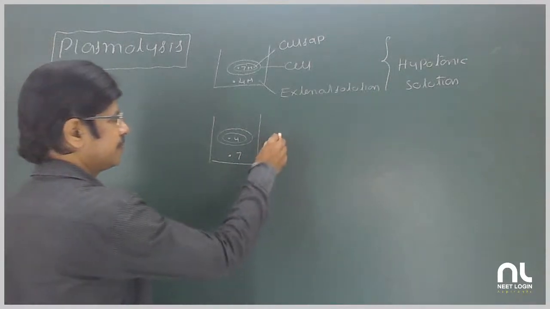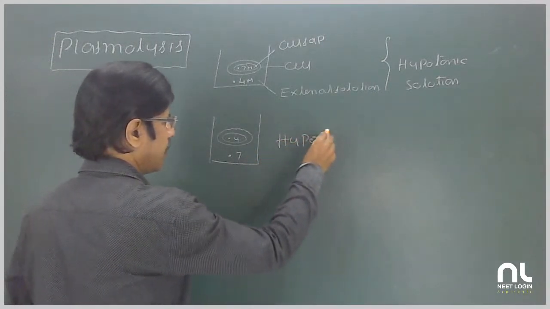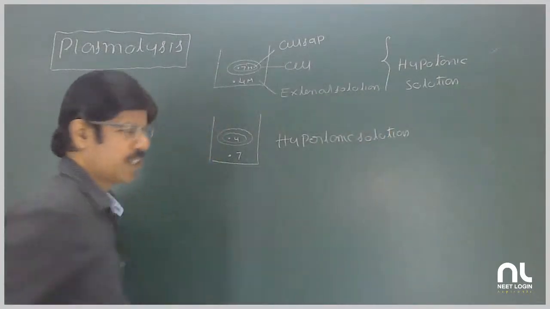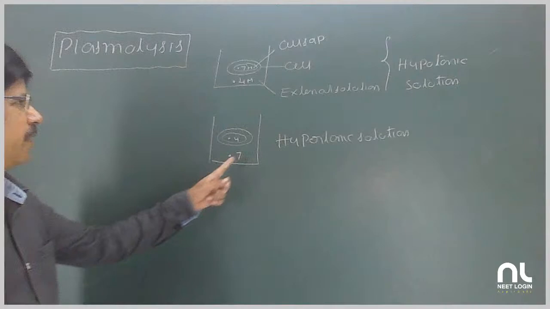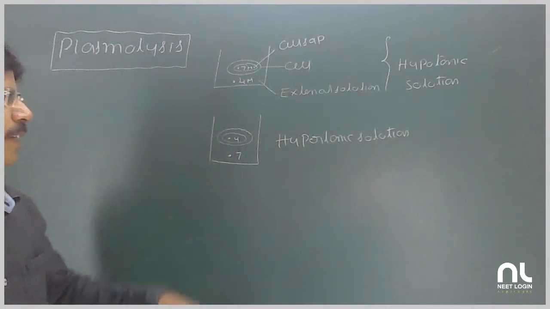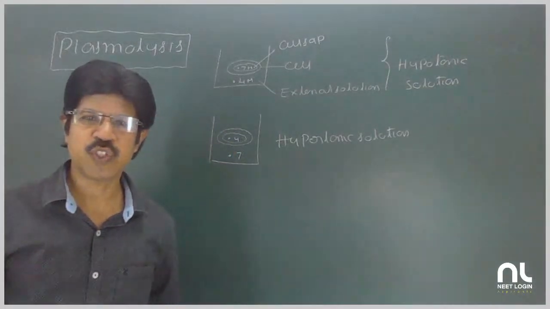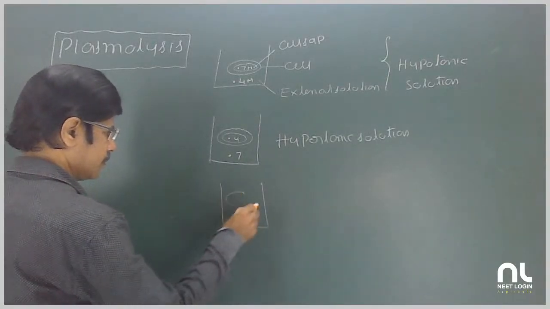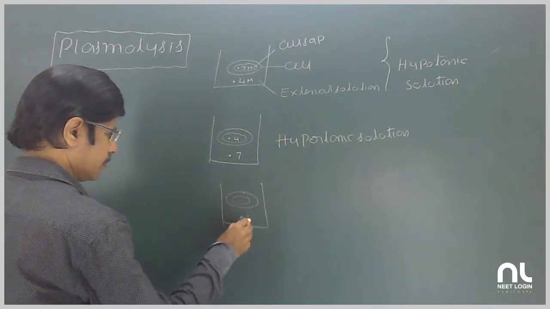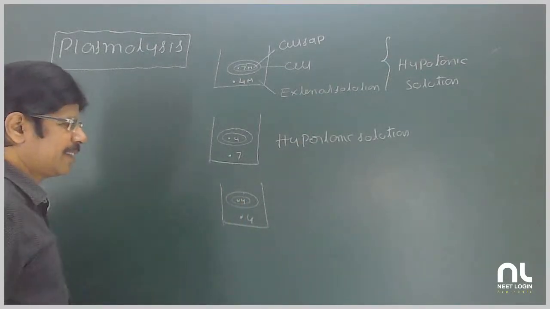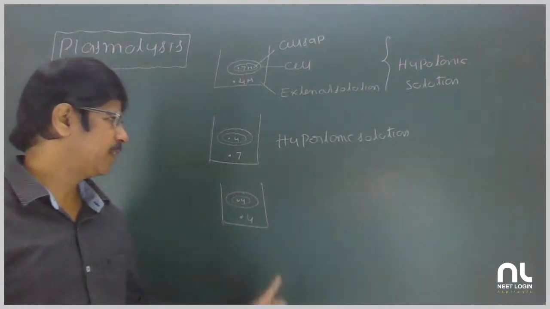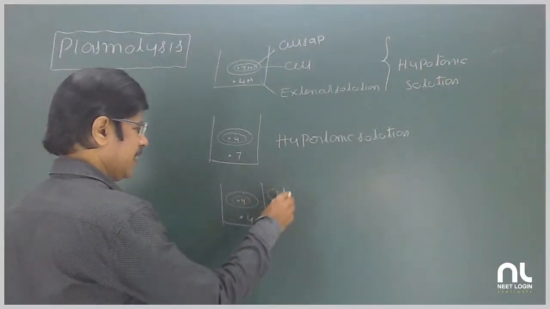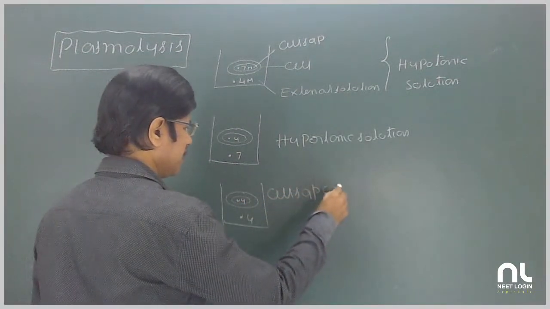And the concentration of the external solution greater than that of the cell sap, what do you call it, is a hypertonic solution. When the cell sap concentration balances with the external solution, what they call an isotonic solution.